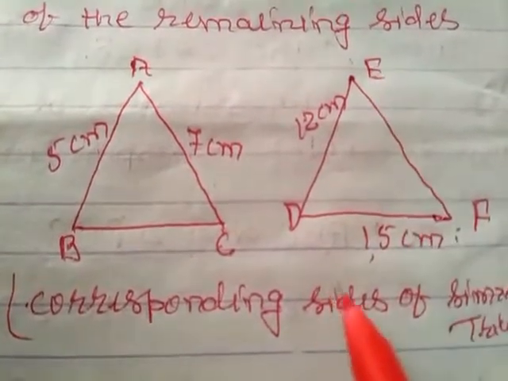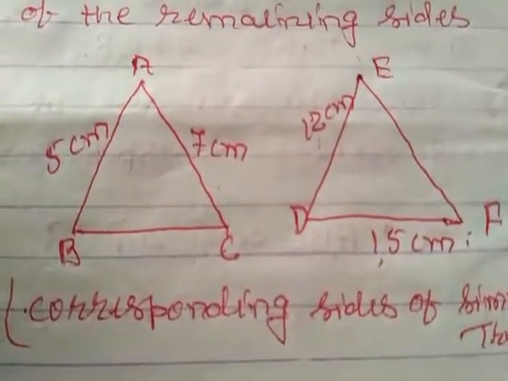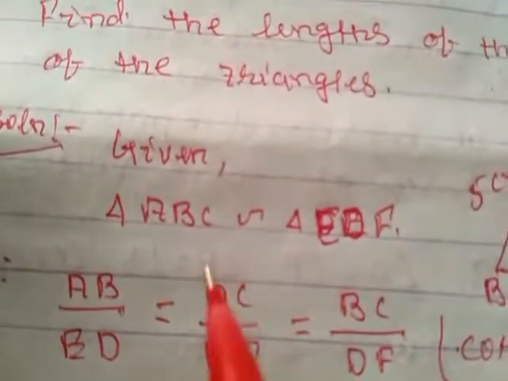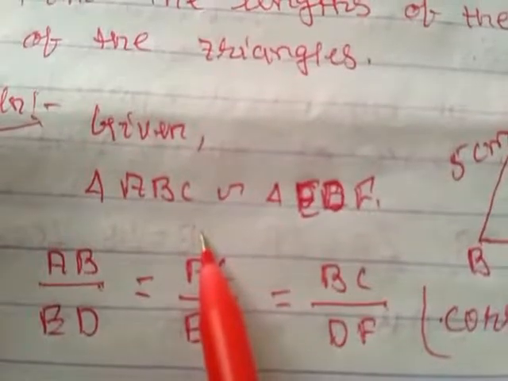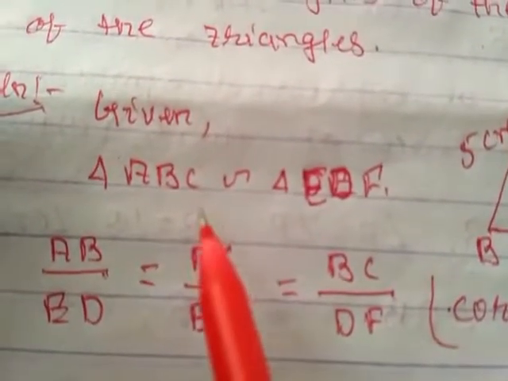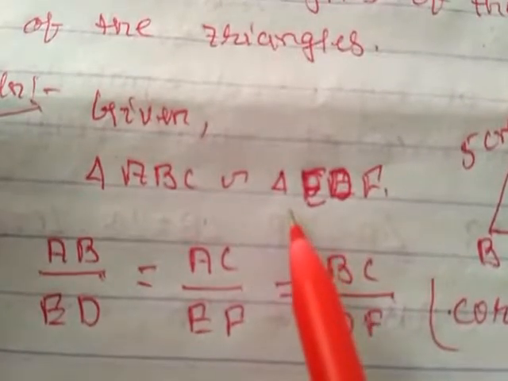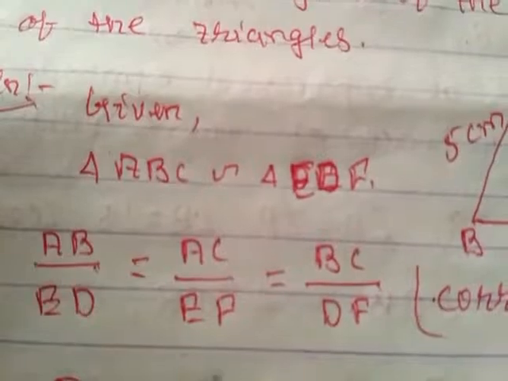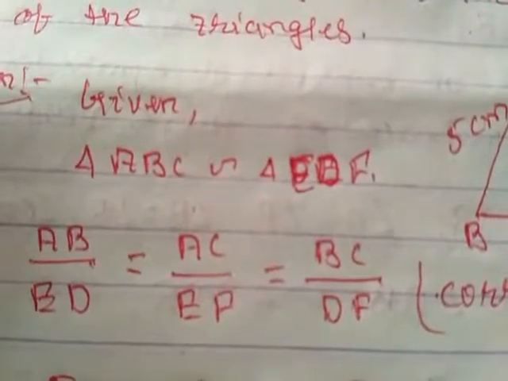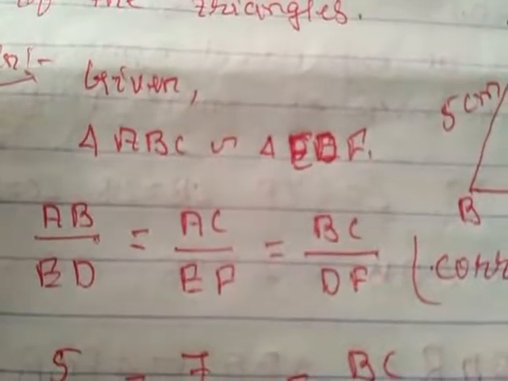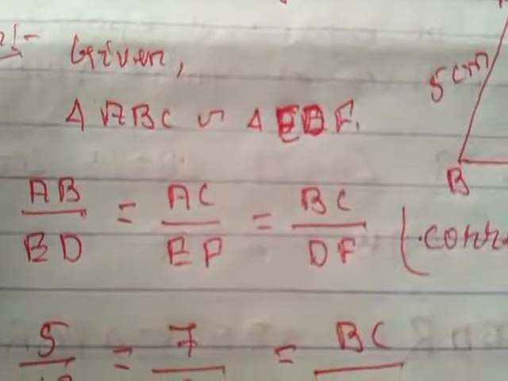Since it is given that these two triangles, triangle ABC and triangle EDF, are similar, it means that their corresponding sides must be proportional, because of the property of similar triangles: whenever two triangles are similar, their corresponding sides must be proportional.